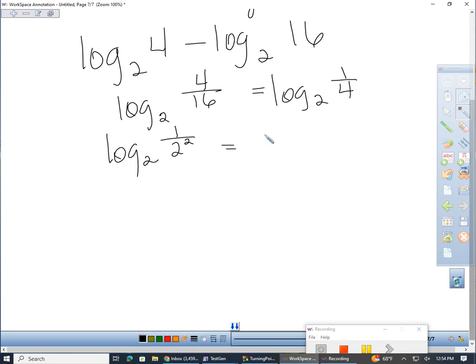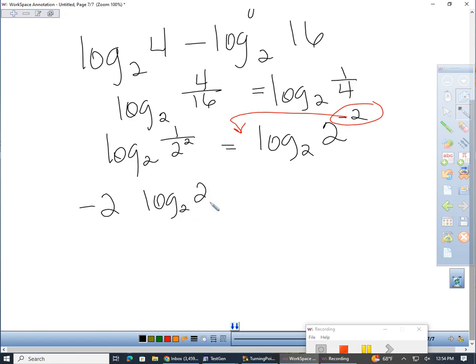So this is actually the same as log base 2 of 2 to the negative 2. So now my exponent goes to the front. So I have negative 2 log base 2 of 2. And what does log base 2 of 2 equal? It equals 1. That was our fourth property. So I get to cross that out, and my answer is negative 2.